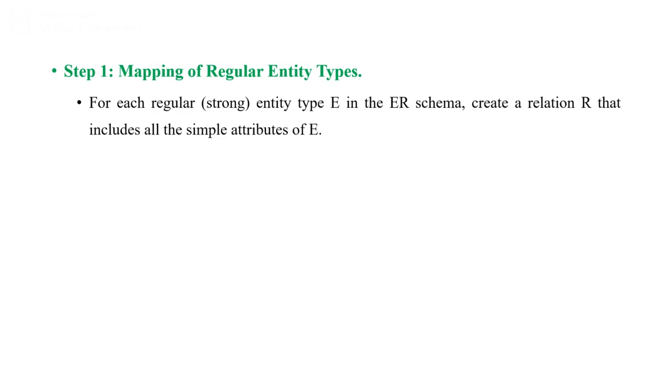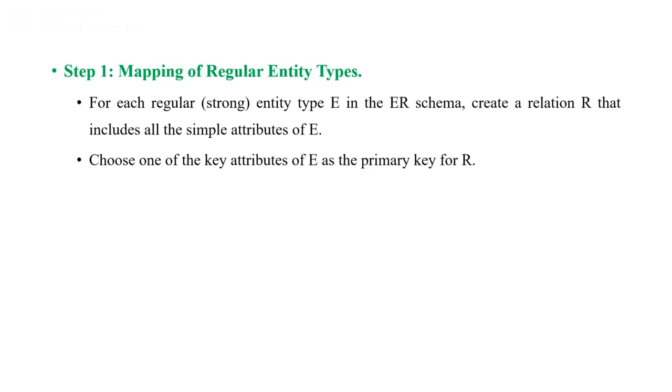For each regular entity type E in the entity relationship schema, we create a relation R that includes all the simple attributes of E. Here we are selecting the strong entity type from the entity relationship diagram, which we call the relation R, and the attributes of that relation R are the simple attributes of E. That is the meaning of the regular entity type.